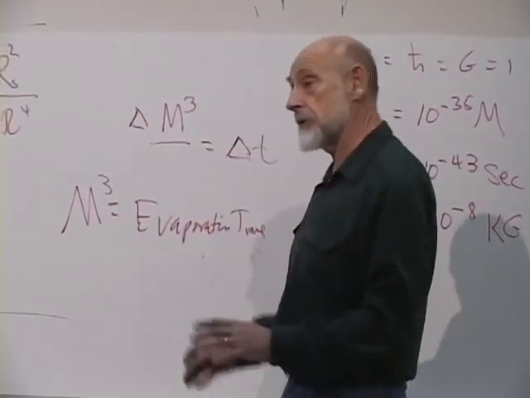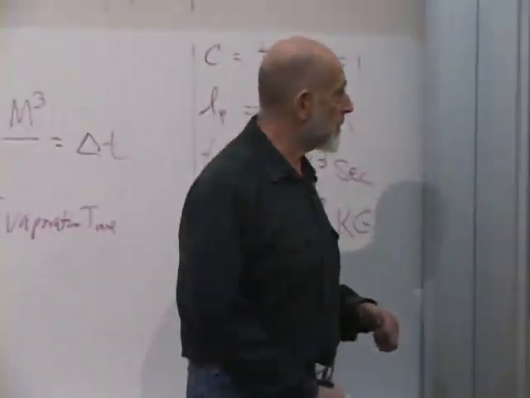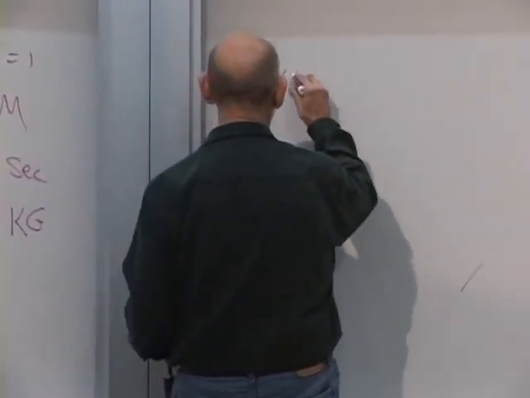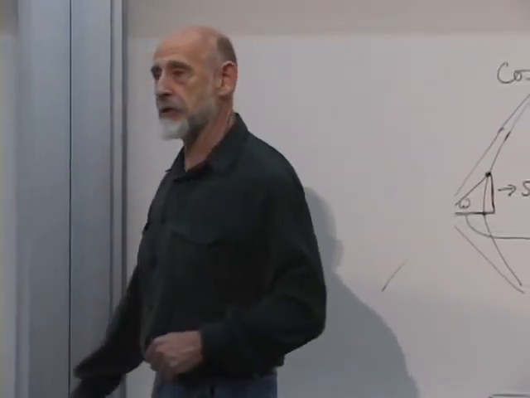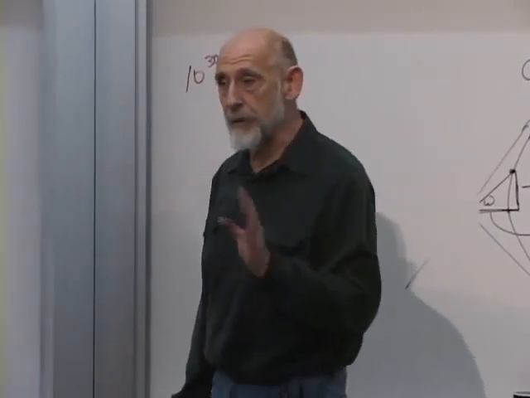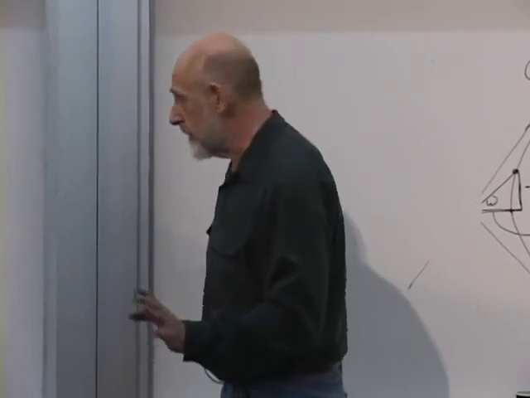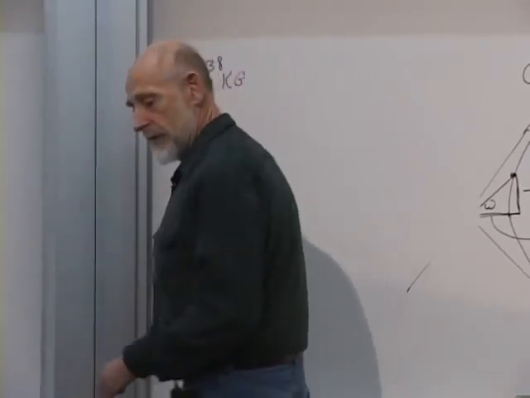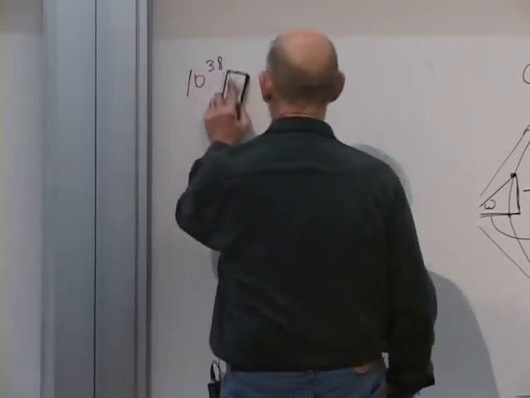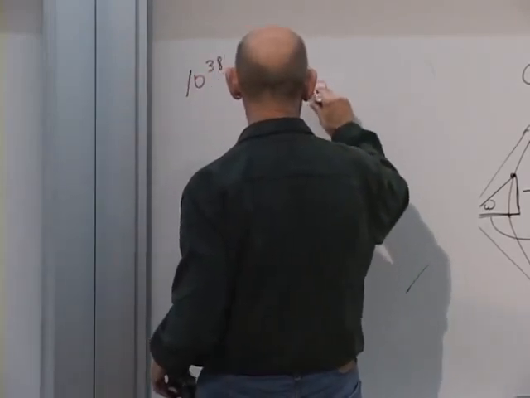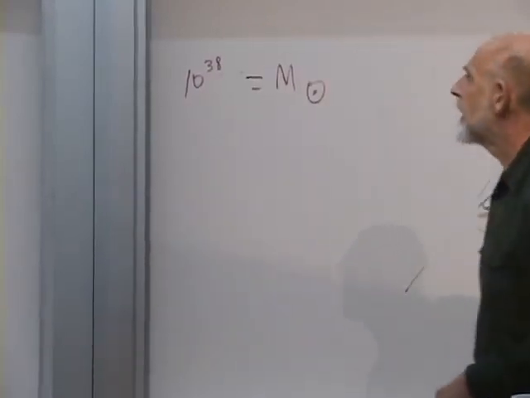So how many Planck masses is that? 10 to the 38th, because a Planck mass is 10 to the minus 8th kilograms. So 10 to the 38th Planck masses is the mass of the sun.